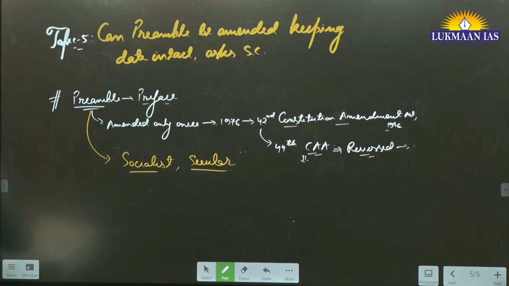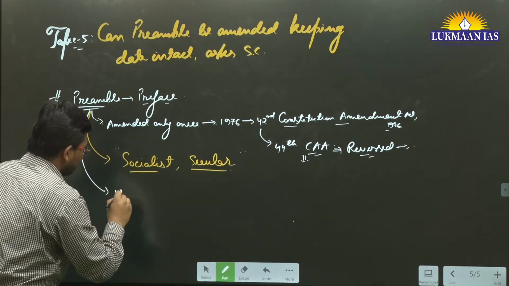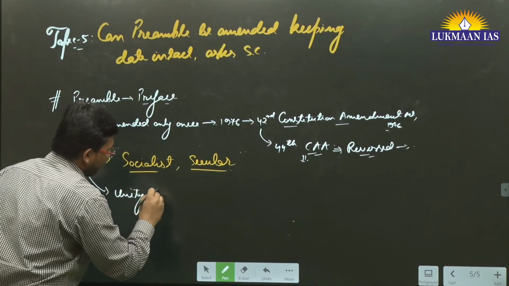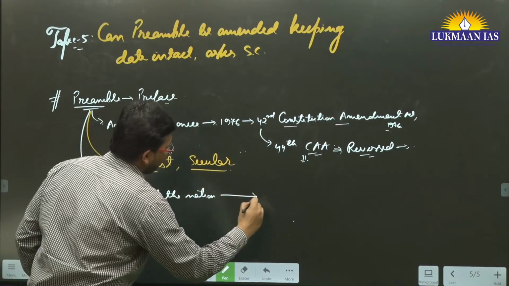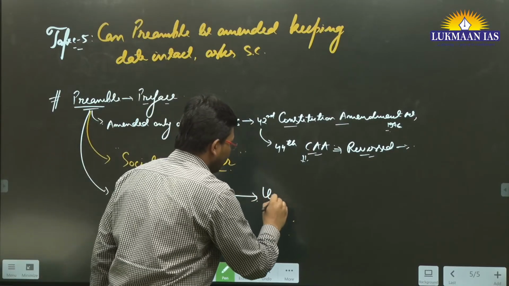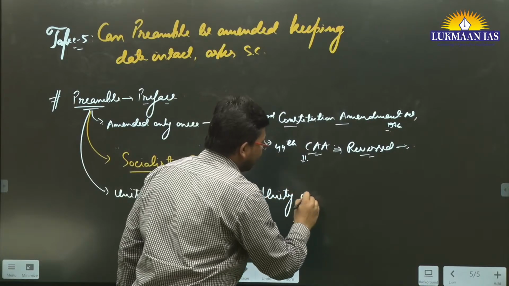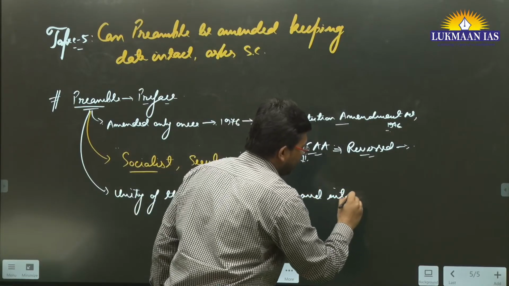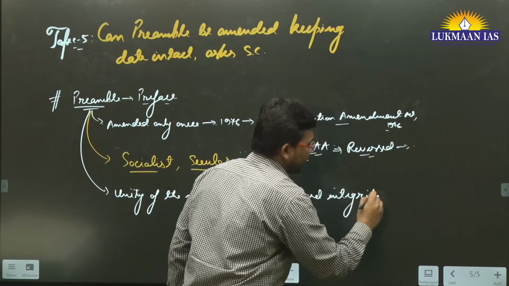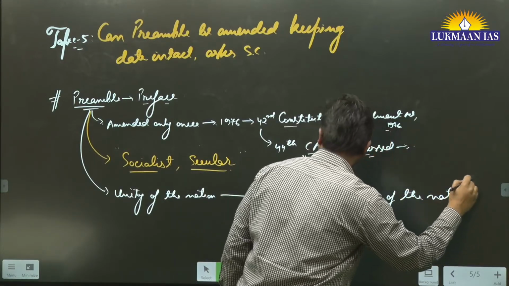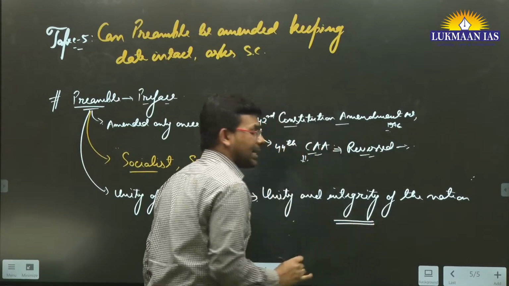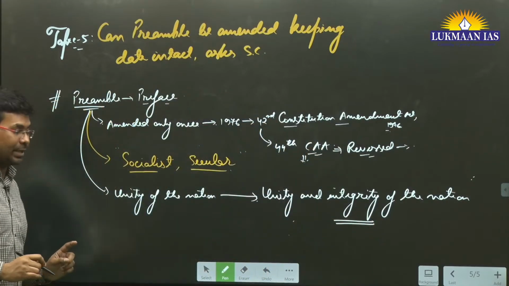Earlier the phrase was unity of the nation, but that particular phrase has been amended to unity and integrity of the nation. So this word integrity has also been added.